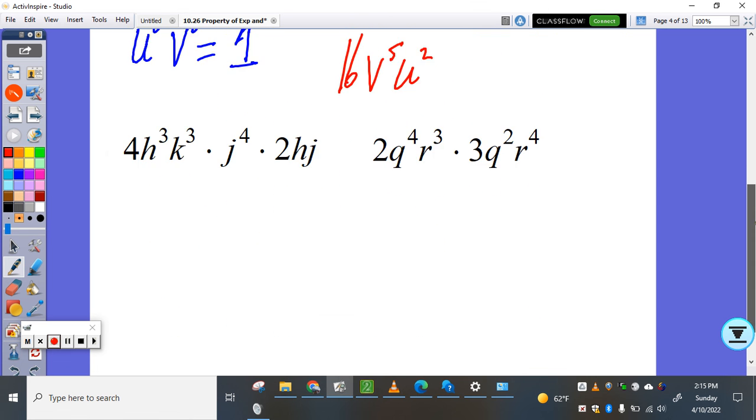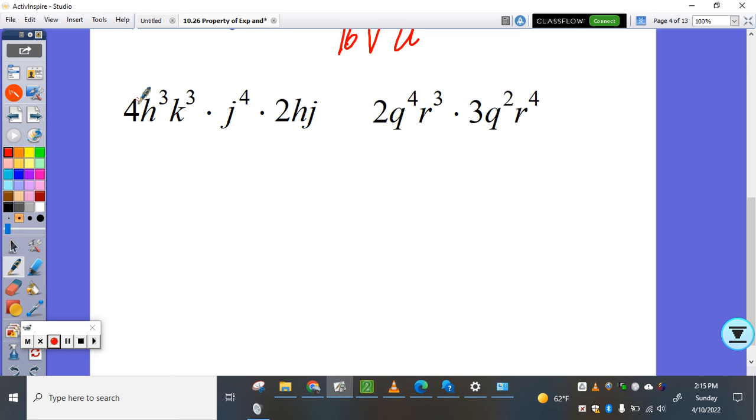Bringing in a little bit more variables here, group my numbers together. 4 times 2. I'll group my h's together. I have h to the 3rd times h. Group my k's together. I only have one k, k to the 3rd.